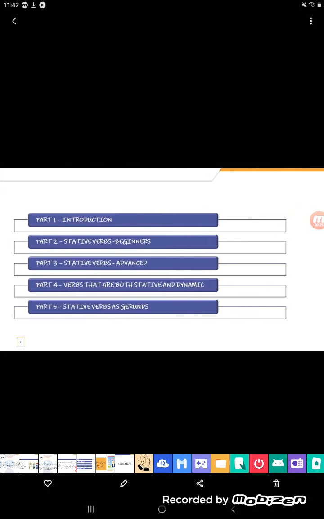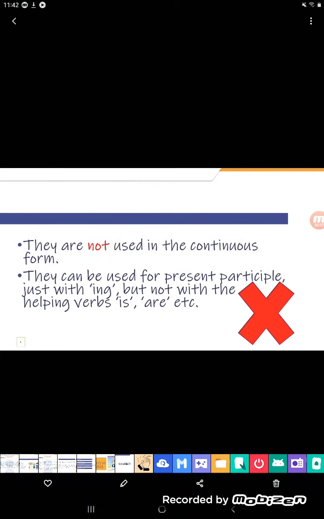Okay, so one thing I'd like to mention here is because they're stative and they talk about the state of something, you can't use these verbs in the continuous form. Okay, they can be used for present participle. Present participle is basically a verb with an ing, okay, which functions as a gerund or as a participle.